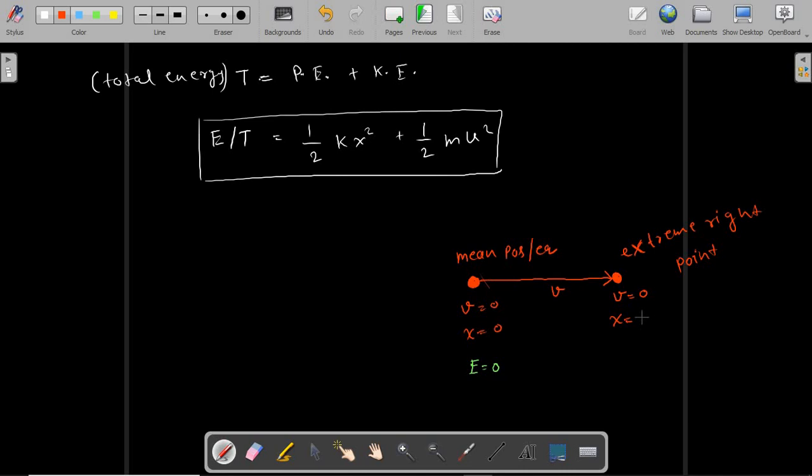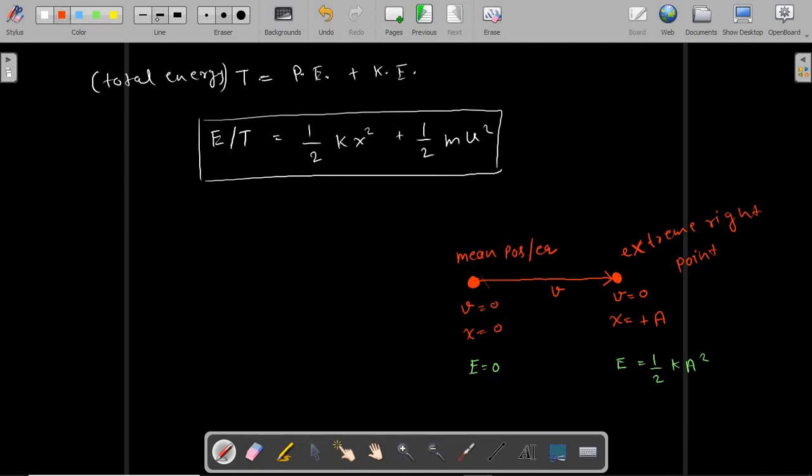That'll be x max, which is plus A, because it is in the positive direction. What will E be here? E is half kx squared, and x is A, so E is half kA squared.